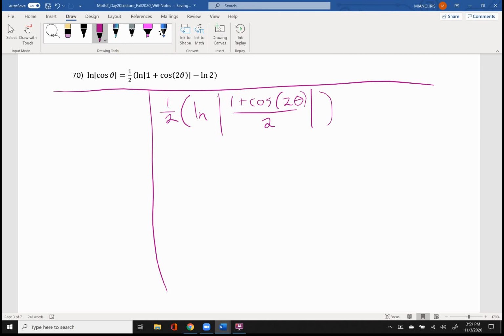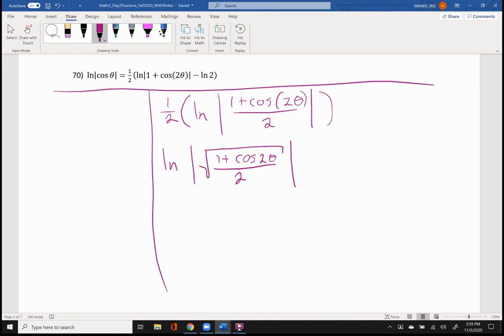So then that'll become the natural log of the absolute value of the square root of 1 plus cosine 2 theta over 2. Okay, because anything to the 1/2 power, you can reassign as the square root of it.